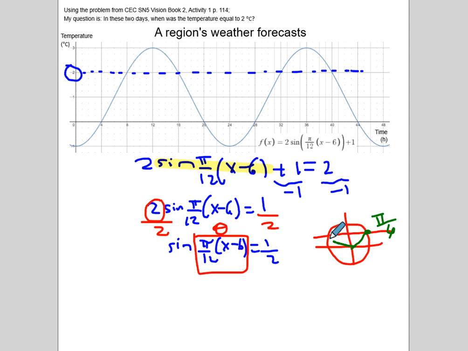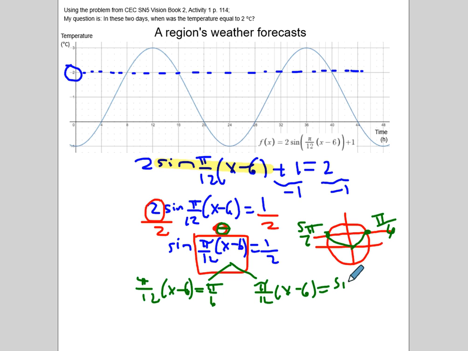And we also have this one here, which is 5 pi over 6. So that means that our angle here has two different possible values. So we're going to write it like this: pi over 12 times x minus 6 can be equal to pi over 6, or it can be equal to 5 pi over 6.